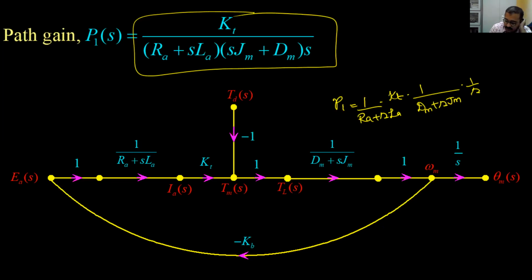What will the loop gain be? 1 by RA plus SLA, this into this into this. So you will get minus KT KB divided by S into RA plus SLA into DM plus SJM.